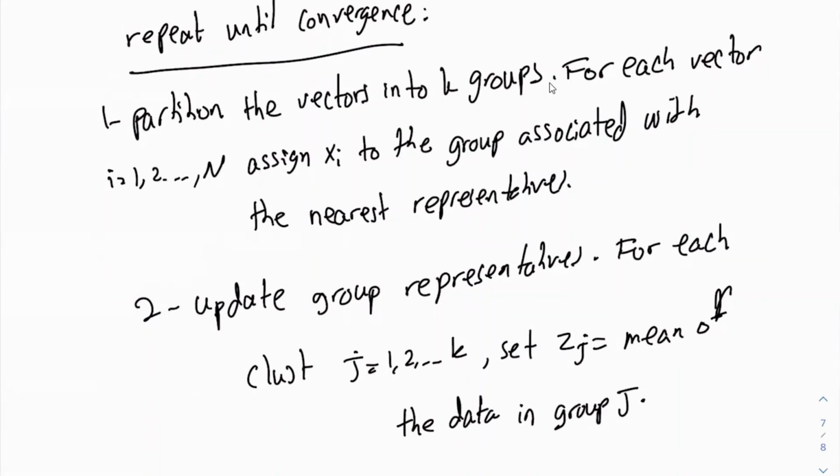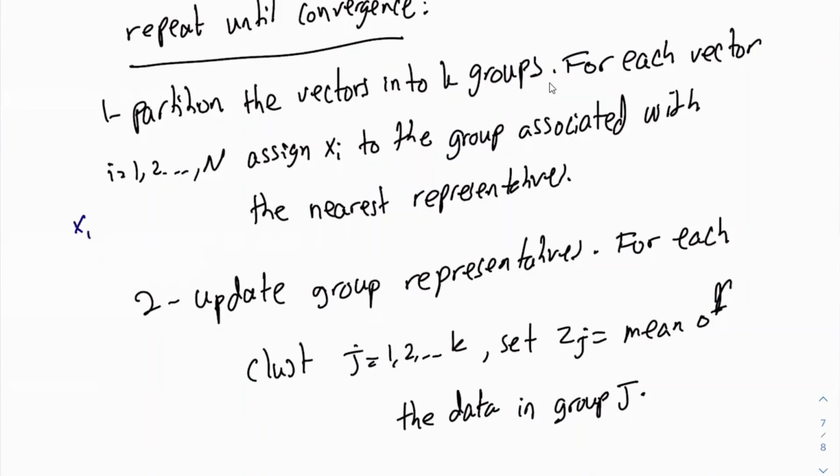One, you partition the data into K groups, right? The data is 1 to n, and you assign each data point xi to the nearest group representative. So this is what you do in step 1. What do I mean?